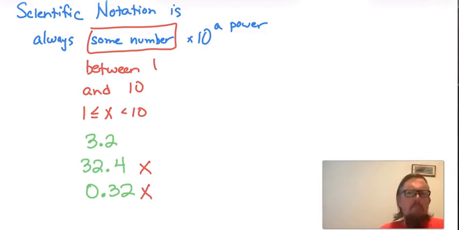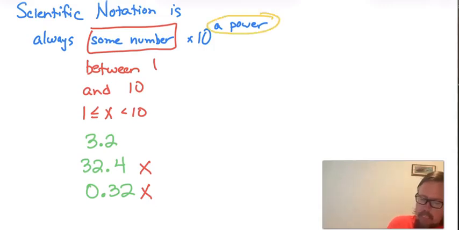So what's the power? Well, the power is either going to be a positive or a negative number. If it's a real big number, the power is positive. Power is positive for big numbers.